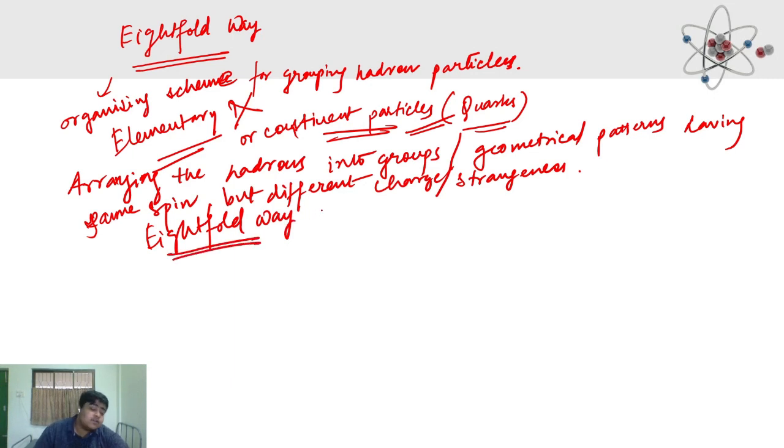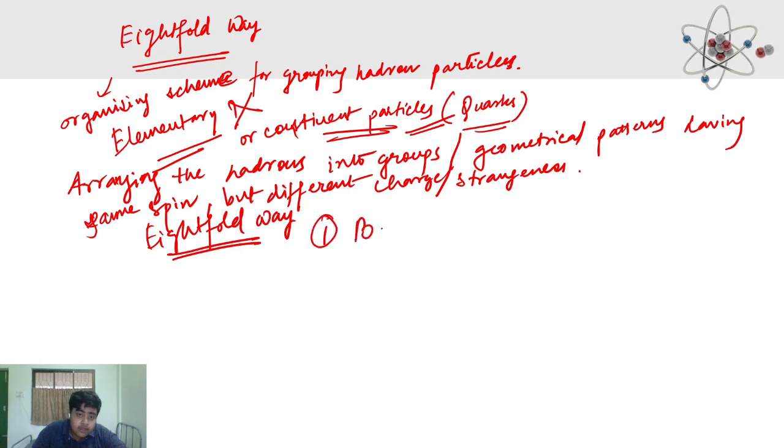So it's also a broad classification based on properties like similar spin. The spin of all those particles is the same, but they have a different charge. So this eightfold way is again described by three classifications.